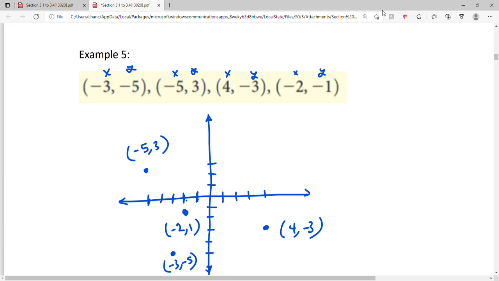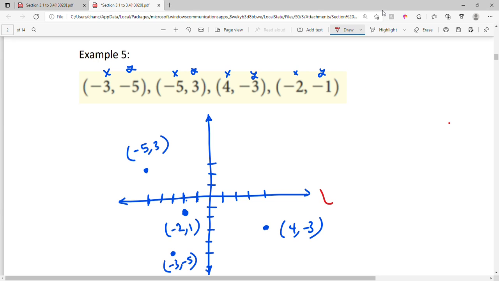So we're pretty confident now that we can graph all of these points on the Cartesian plane. Again, remember the horizontal axis is known as the x-axis, the vertical axis is known as the y-axis, and the point where the x and y-axis meet is known as the origin. And we have quadrants.